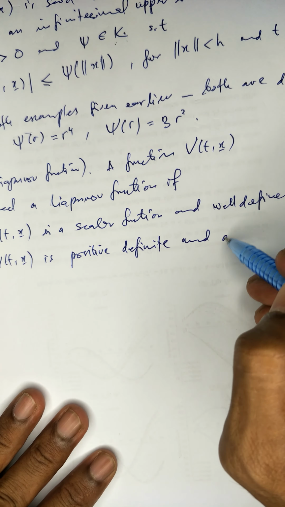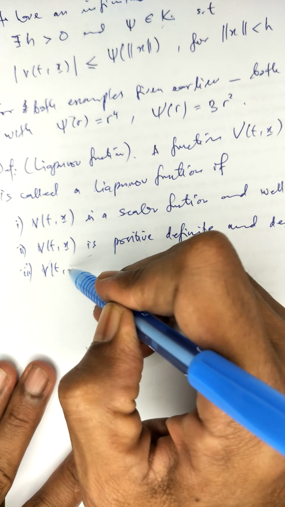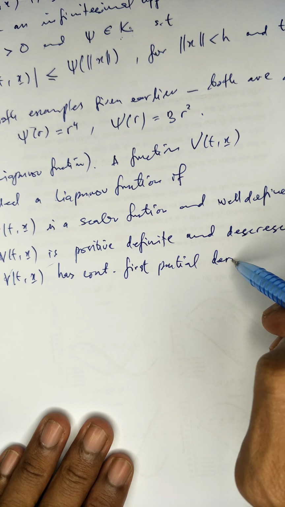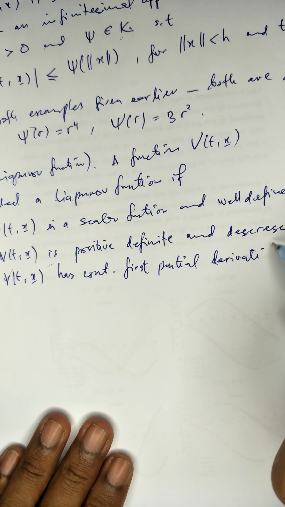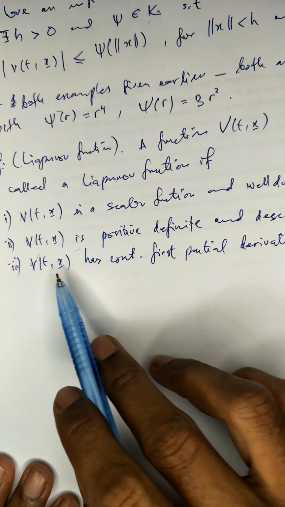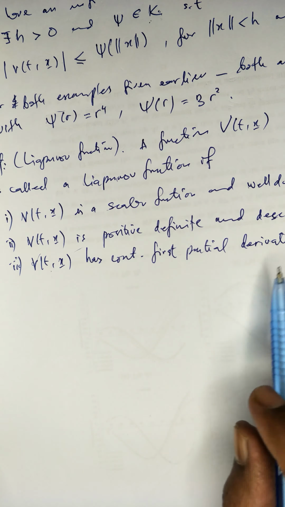Condition 3, V(t, x) has continuous first partial derivatives, which means if you differentiate with respect to t, and with respect to each x, all those are continuous.